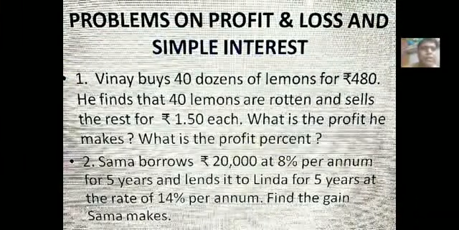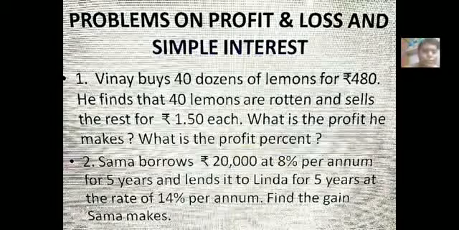Problems on profit, loss and simple interest both are there. A question: Winner buys 40 dozens of lemons for rupees 480. He finds that 40 lemons are rotten and sells the rest for 1 rupee 50 paisa each. What is the profit he makes?